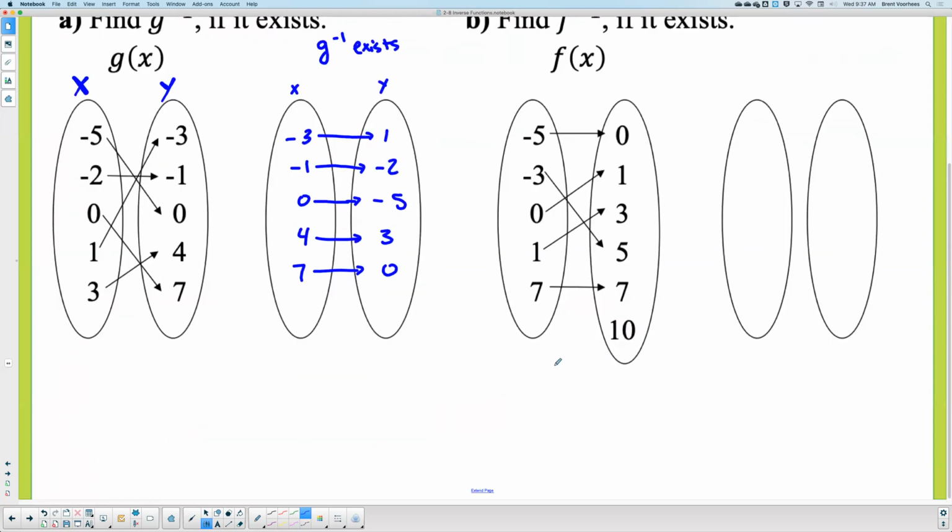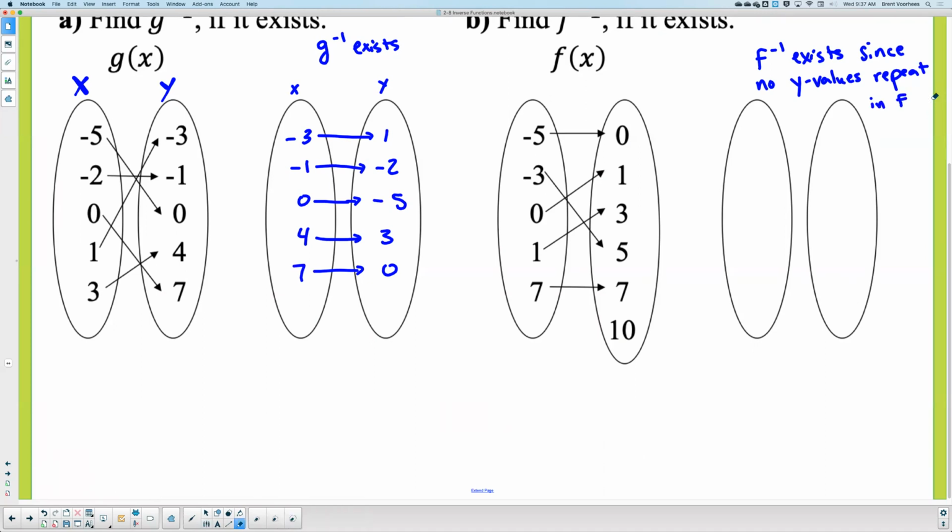No. Since no y values repeat, what it'll say on Delta Math is f negative 1 exists. Since no y values repeat in f of x.